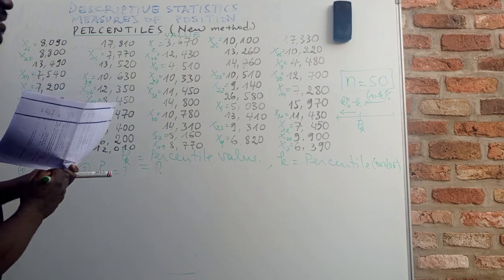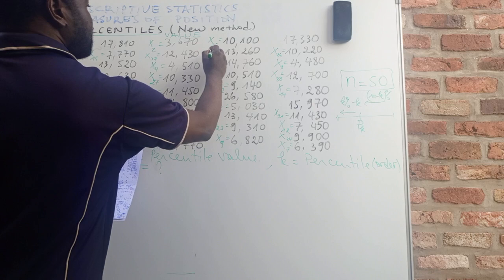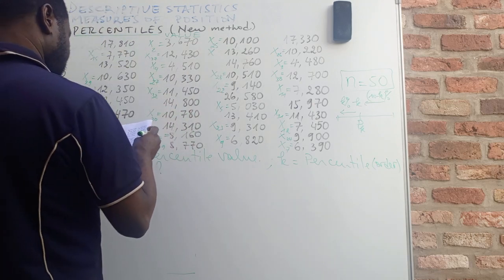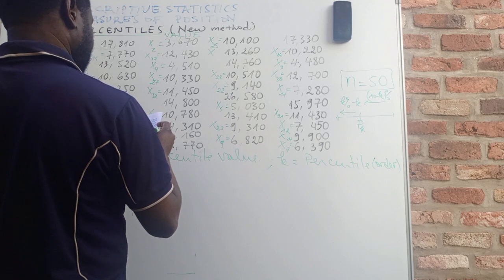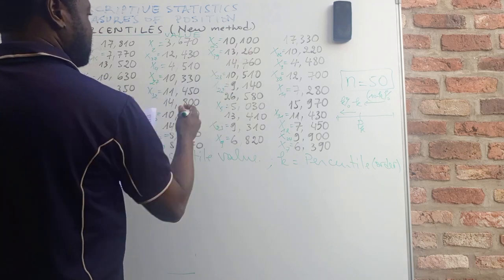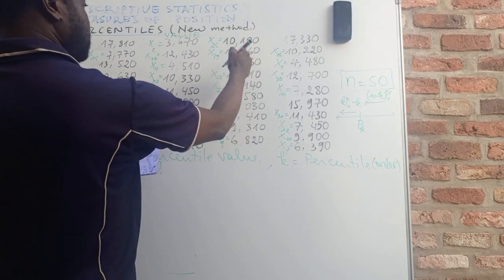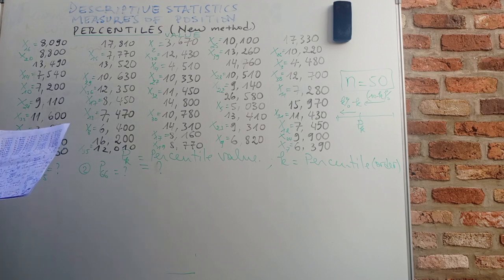There is no 13 there, it is here. x sub 39. So this is 13260. Correct.